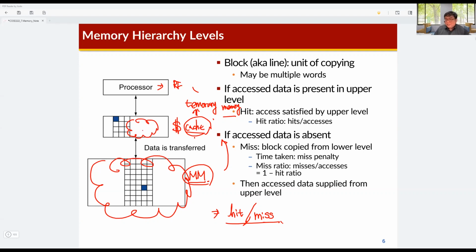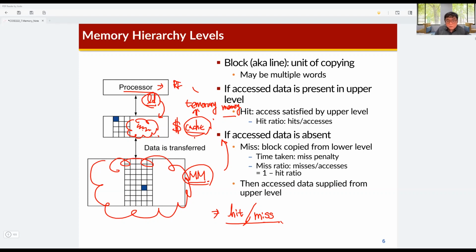This cache is much faster than the main memory. So the processor just executes the load instruction, and this load instruction first checks the cache memories, because this is fast.